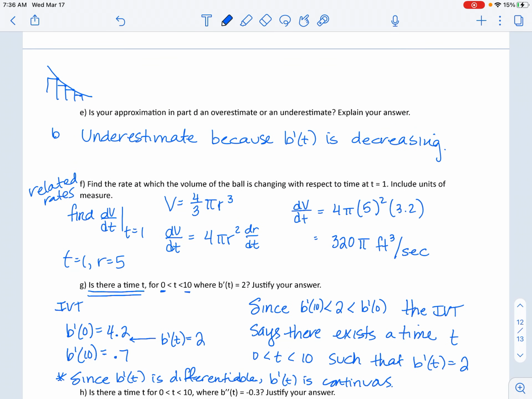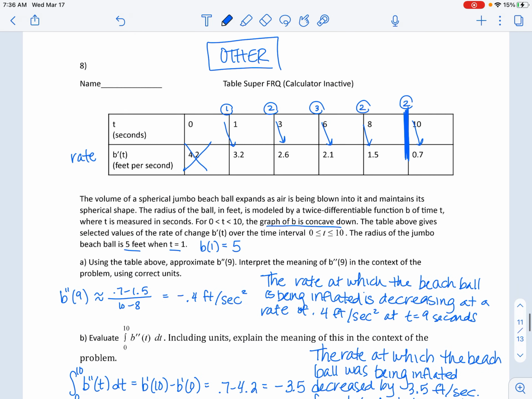Okay, so we're going to leave that like that. That is a bunch of kind of random things, a lot of units, a lot of describing, writing in the context of the problem, to help with the other category.